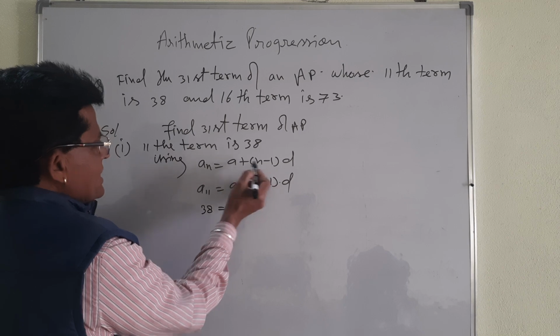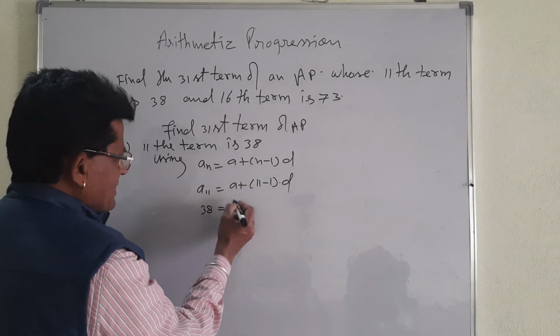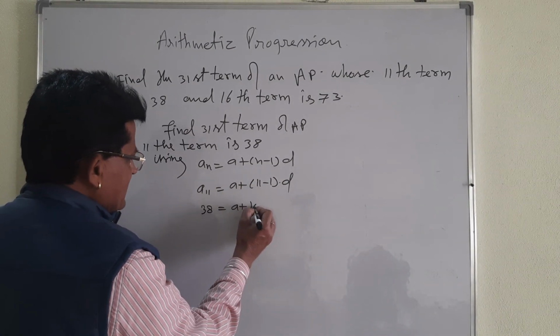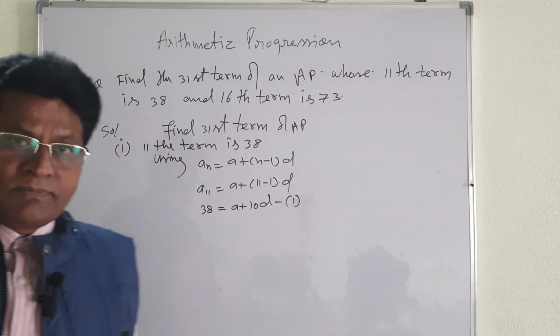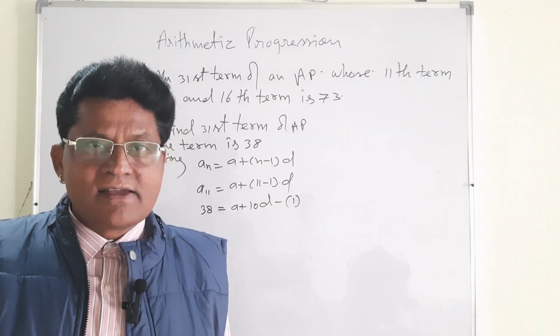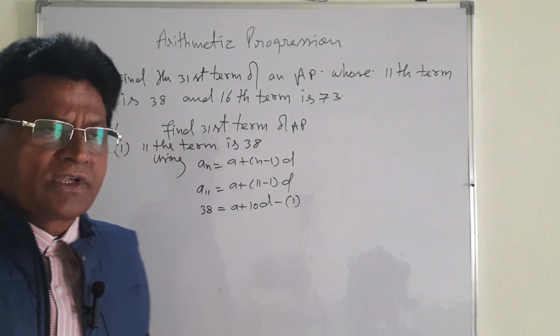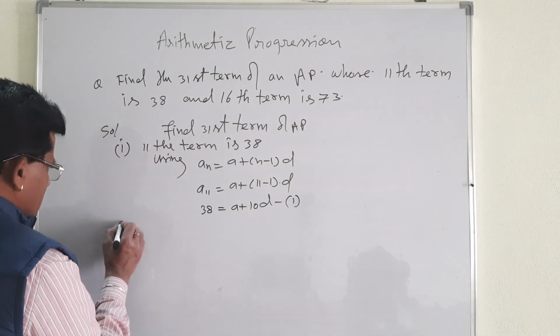It will be 38 equals A plus (11 minus 1), 10D, equation number 1. We will form a pair of equations in A and D, which you have solved in linear pair of equations. Similar kind of solution.